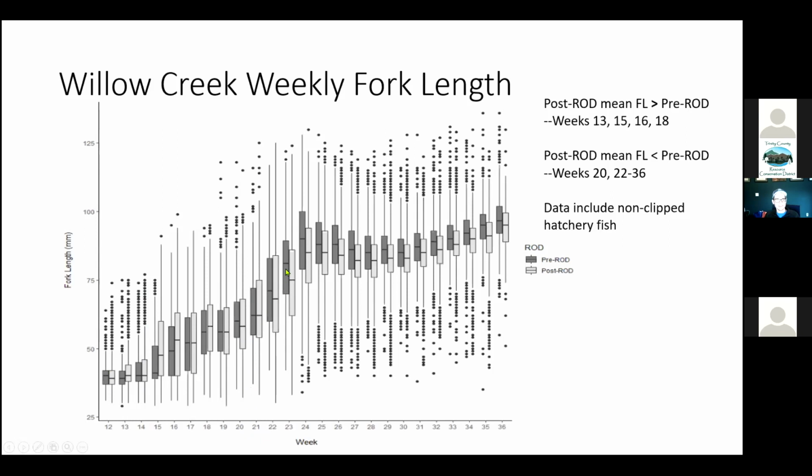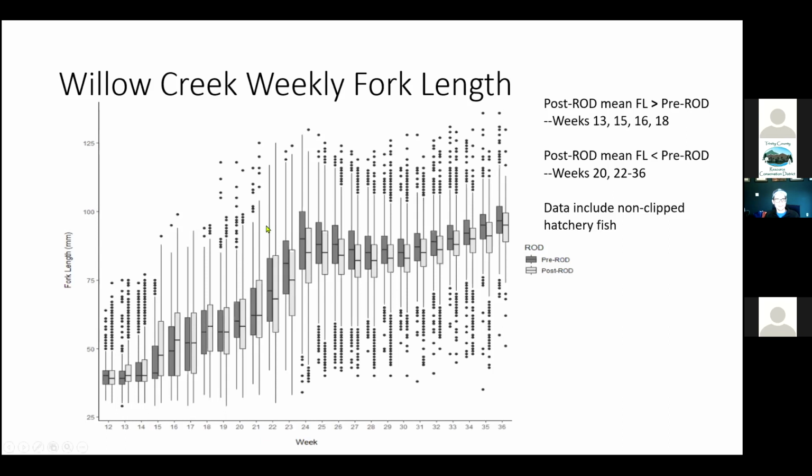Then post-ROD fork length is lower than pre-ROD fork length. So what happened with the record of decision flows? We started releasing more water downriver. And what Chris showed is that temperatures are depressed, and the bioenergetics model showed that consumption decreased.